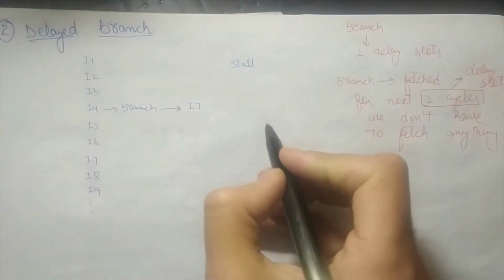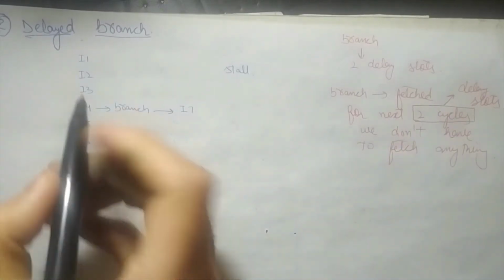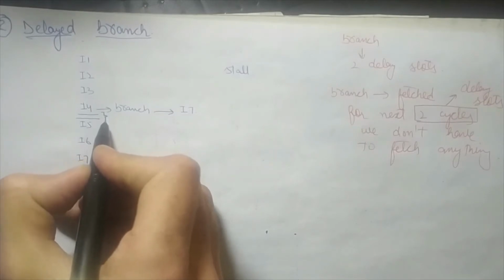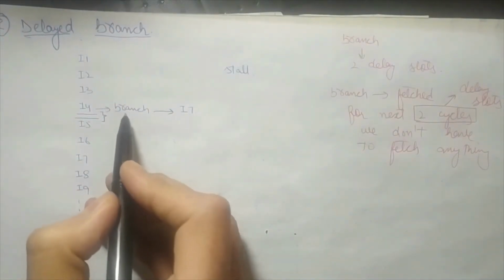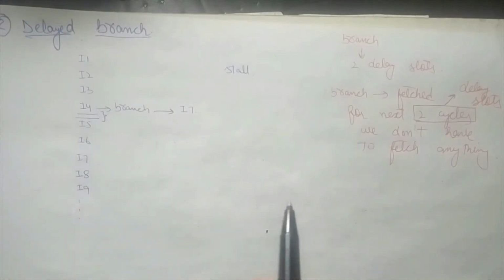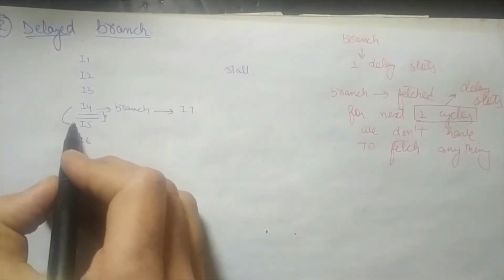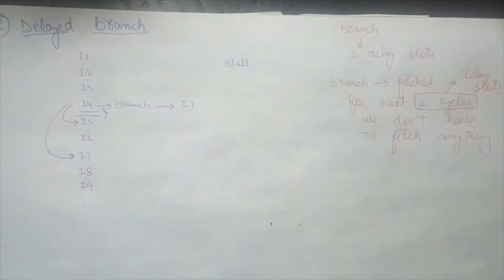We won't fetch anything for the next two cycles. Why? Because we want this branch to go into the execute stage. Only then will we know whether we have to execute I5 or execute from I7.